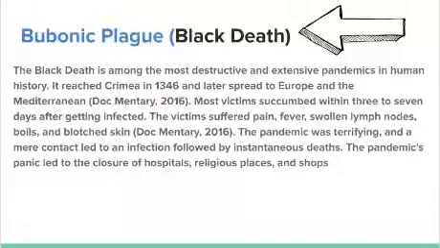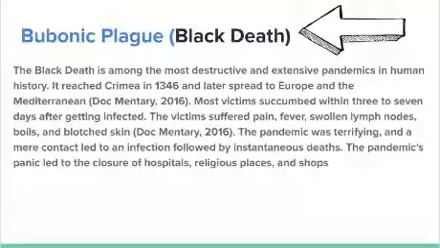On this next slide, we have more on bubonic plague, also known as Black Death. The Black Death is among the most destructive and extensive pandemics in human history. It reached Crimea in 1346 and later spread to Europe and the Mediterranean. Most victims succumbed within 3 to 7 days after getting infected. The victims suffered pain, fever, swollen lymph nodes, boils, and blotched skin.